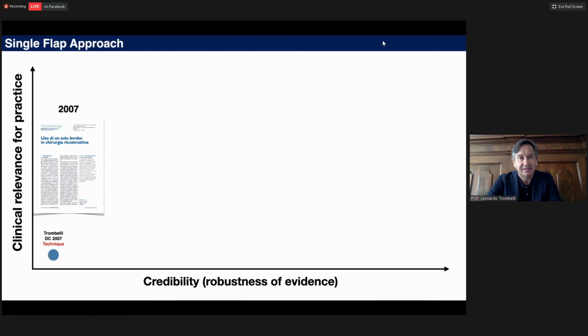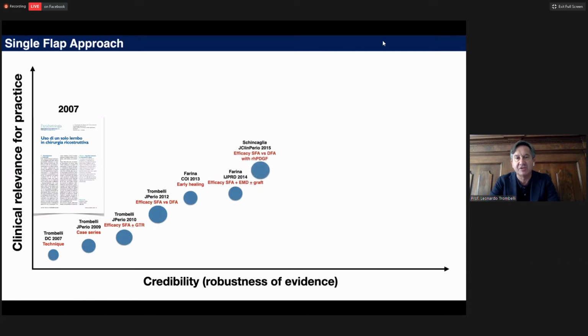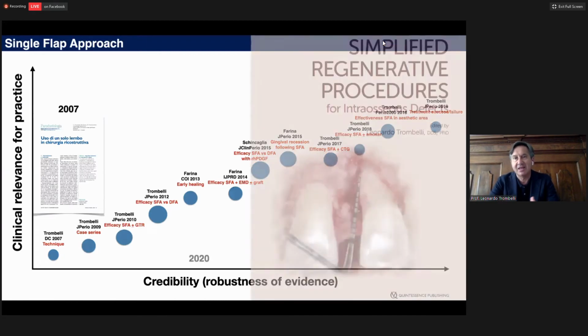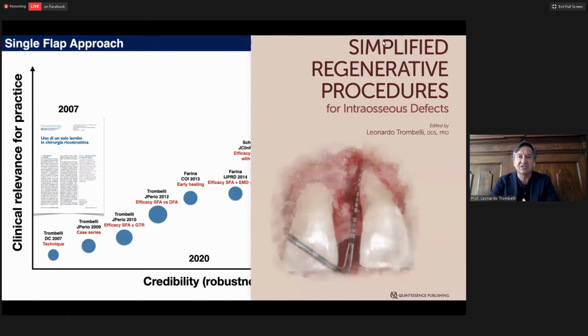So here you see what we ended up with. We started with case series, then we went through evaluation of the efficacy through randomized controlled trials, up to what we consider a summa, a synthesis, as you will see here, and I need to thank Christian Nase for this, for the fact that he has always believed in this project.